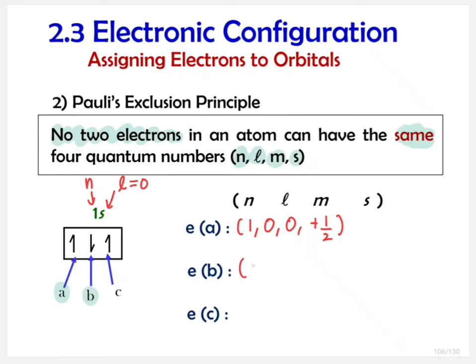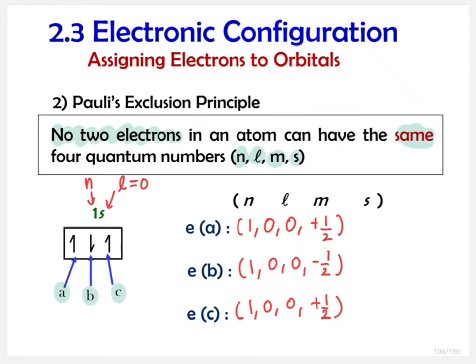Settle for A. So now kita nak buat untuk B pula. B masih di n equals to 1, l equals to 0, m equals to 0. But the spin dah ke bawah macam ni, so negative 1/2. Last one is C. So, C, arrow ke atas. Jadi, dia masih di 1s. So, 1, 0, 0, positive 1/2. Kalau kita nak letak 3 elektron dalam satu orbital, satu bilik, satu kotak, tidak boleh kerana kita did not obey Pauli's Exclusion Principle.